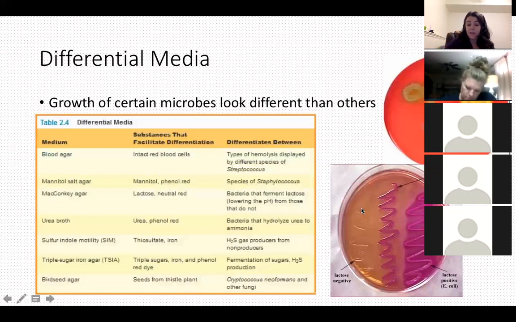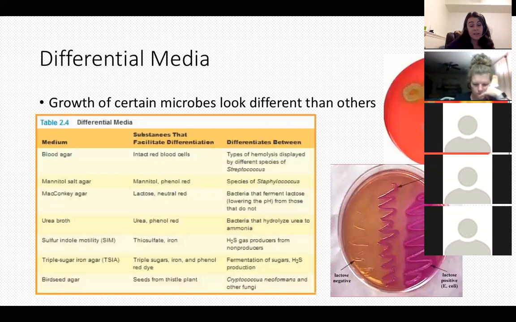For the bacterium on the left, it still grows on the media, but it doesn't ferment lactose, so you don't see that color change. Whereas the middle and the far right bacteria both ferment lactose, so you get this change in pH, which causes a change in color because of the dye that you've added.